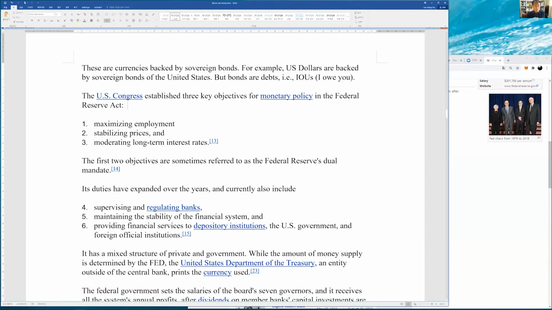Okay, so they can either stimulate the economy by injecting US dollars into the society.